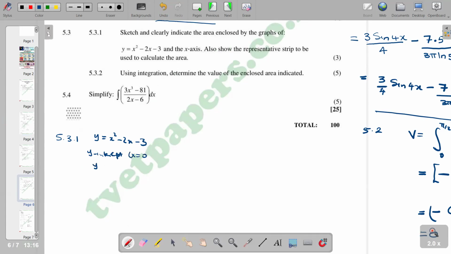So we have 0 squared minus 2 multiplied by 0 minus 3, which gives us negative 3. So the coordinates of the y-intercept will be 0, negative 3.